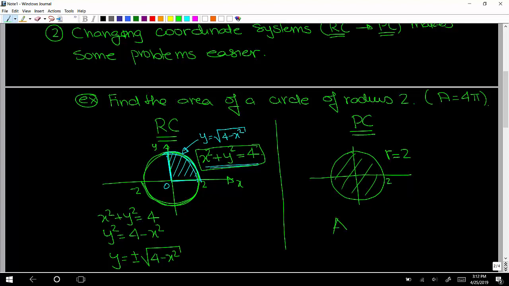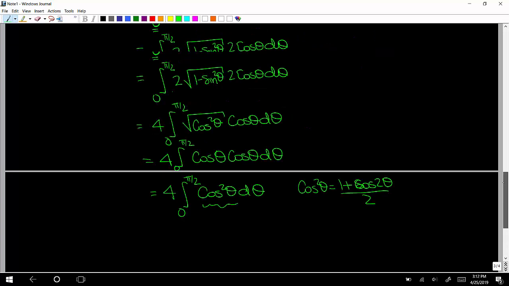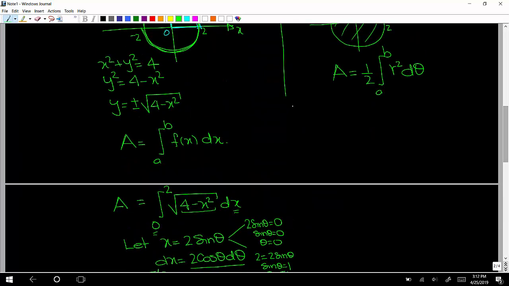The formula for area in polar coordinates is 1/2 the integral a to b of r squared d theta, where r is this. Well, let's take a look at that. So in our case, r is 2, so we get 1/2 the integral of 4 d theta.